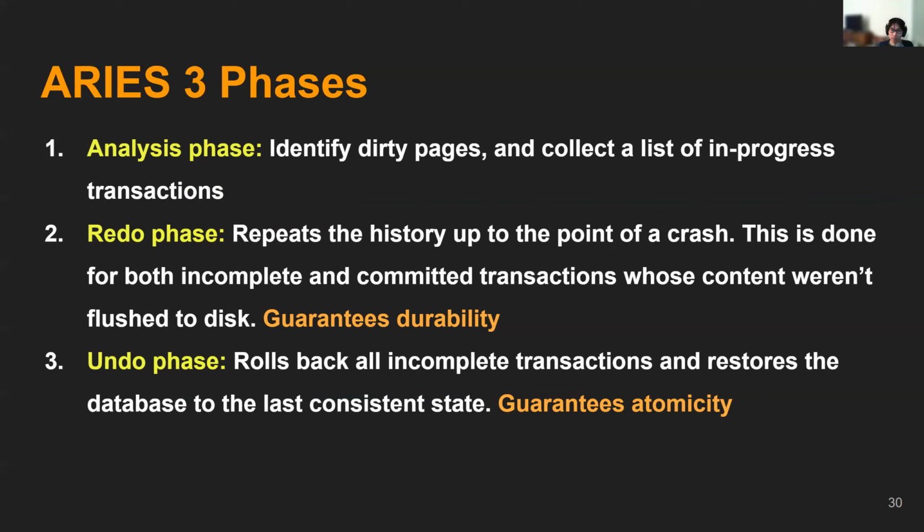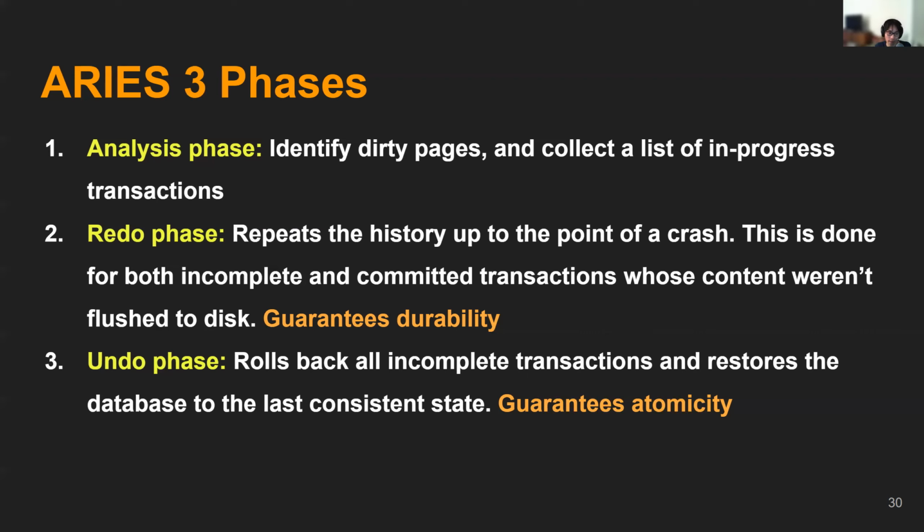So given dirty pages and in-progress transactions, we enter the second phase called the redo phase. The redo phase is going to repeat the history up to the point of a crash. It looks for every incomplete and committed transaction, looks at their redo log and starts replaying everything in the log so that it can reproduce the image at the point of the crash.